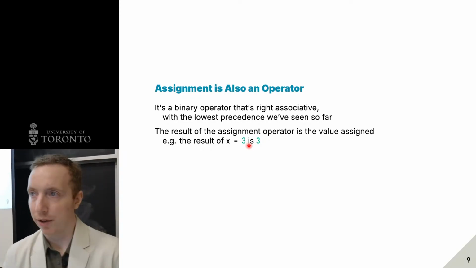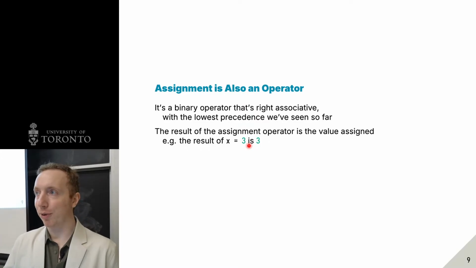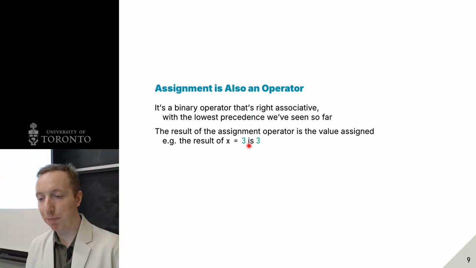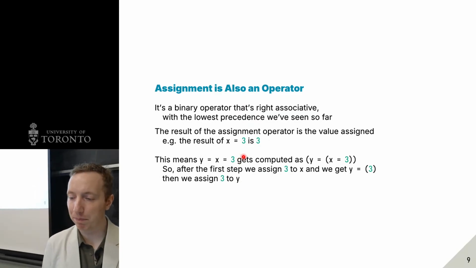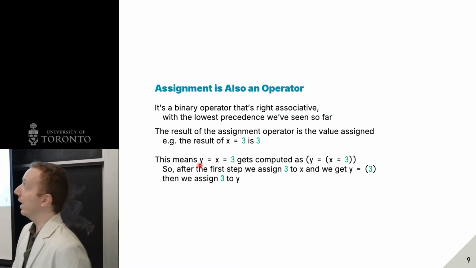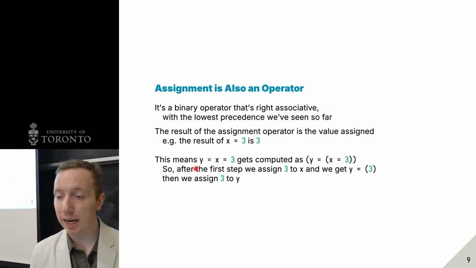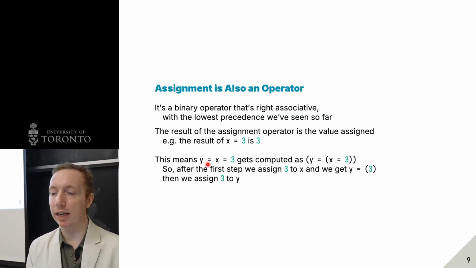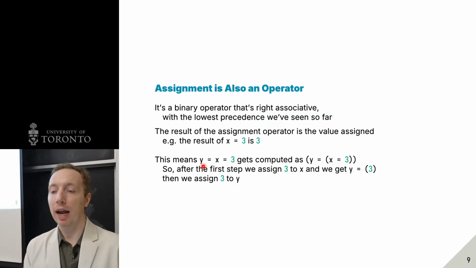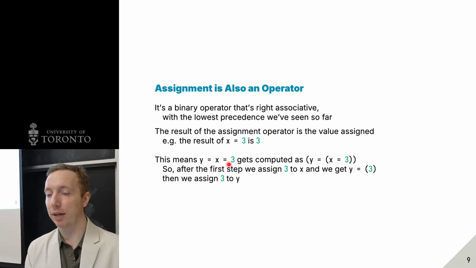Usually you shouldn't use the result of an assignment. It's usually a bad thing, but the reason they put this into the language is so you can write something like this. Again, I do not recommend this, but if you have variables x and y, you can technically write y equals x equals 3.